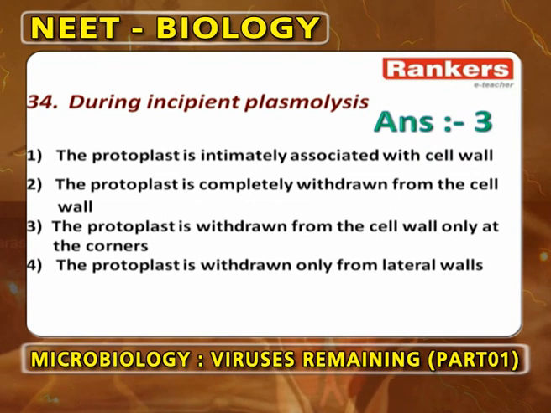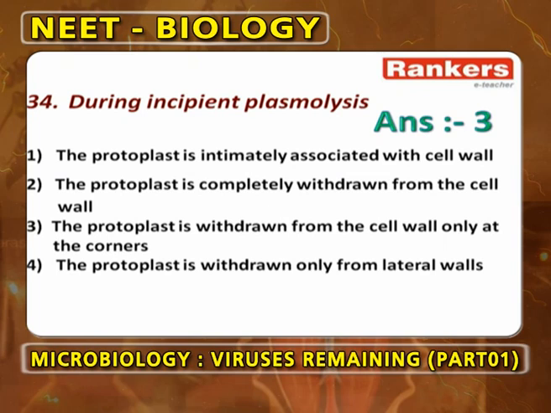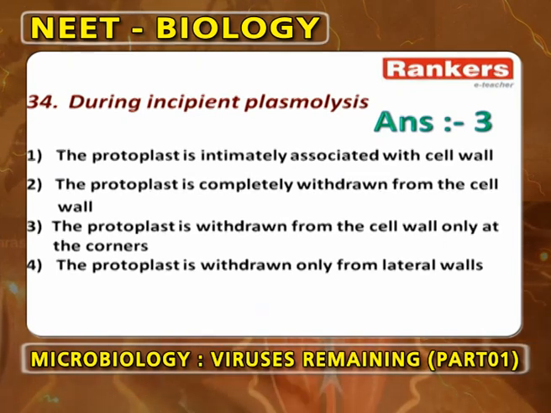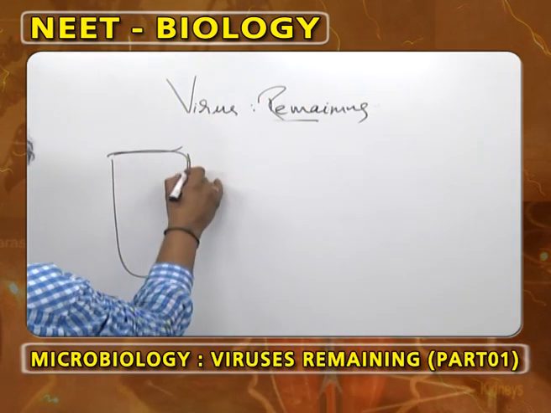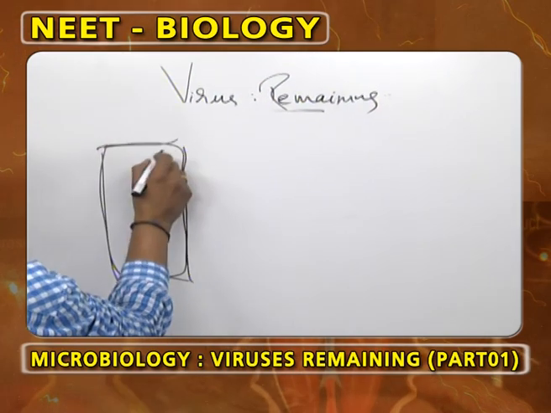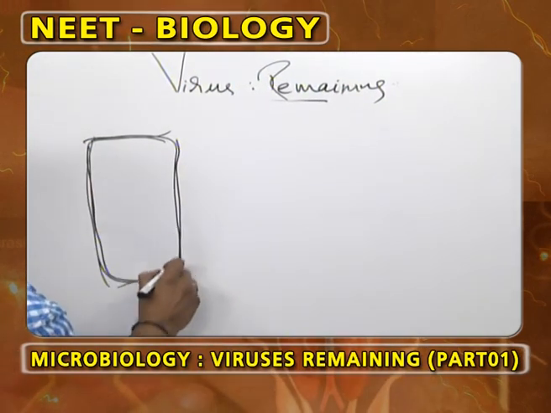During incipient plasmolysis, when a cell is kept in hypertonic solution, this is the plasma membrane.